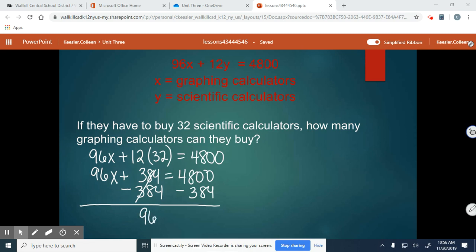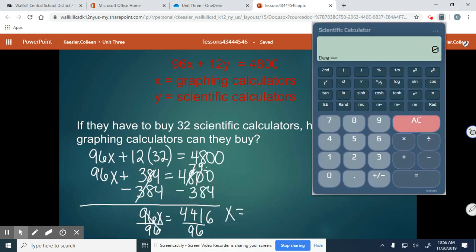So 96x equals 4,416. Divide by 96. And we'll get the number of graphing calculators needed. So go back to my calculator, clear what's there. 4,416 divided by 96 is 46.